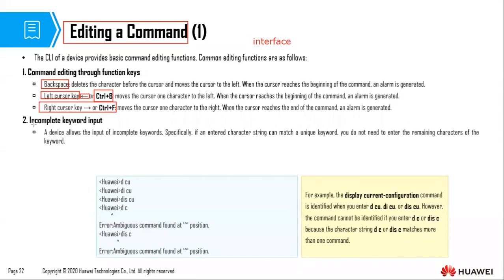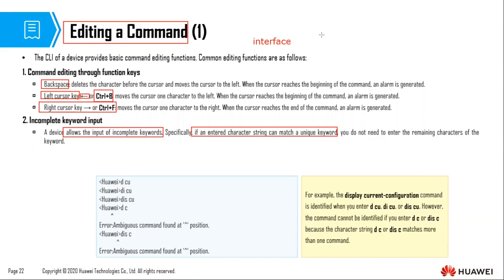So your device allows you to use incomplete words. Now, if an entered character string can match a unique word, then you do not need to enter the remaining characters of the keyword.